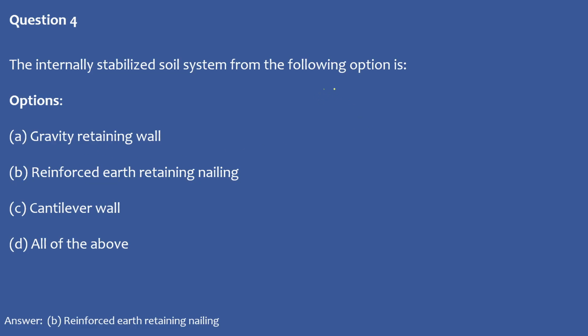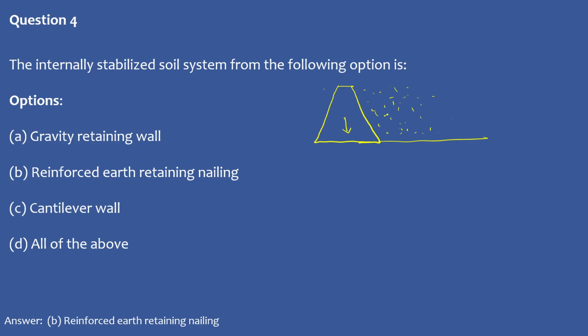A gravity retaining wall usually has this particular structure where the overturning due to the lateral forces of the soil is resisted through the gravity load, or the gravitational force.